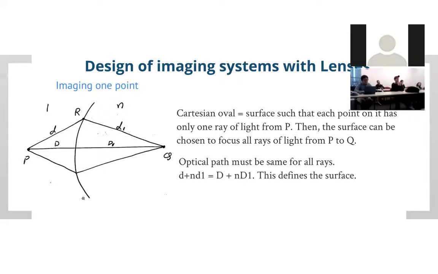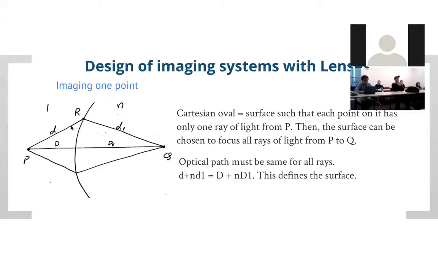A simpler way to think about this is defined by what's called Fermat's condition, which basically states that the optical path must be the same for all rays between the corresponding points. Okay, and what that means mathematically is very simple. It means that if you follow the path of light through one ray, let's say P to R, it has traveled in air through a distance d, and then it travels from R to Q with a distance, let's say d1, but in a material like glass.